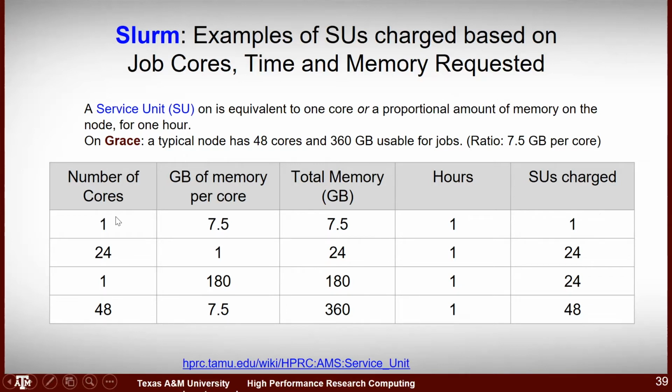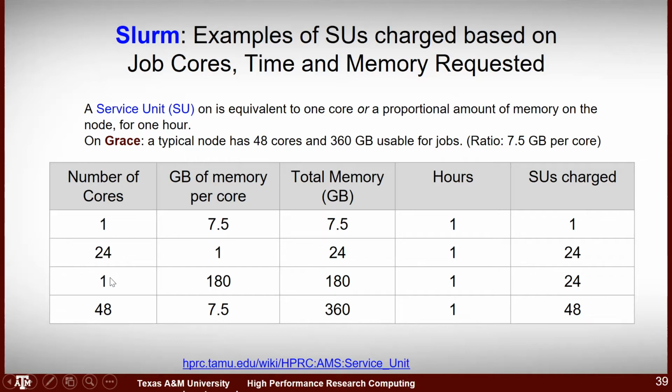Now, if you increase either of those, it's the greater one that determines the service units. So if you request 24 cores, but only 1 gigabyte of memory per core, so 24 gigabytes of memory, then it's the number of cores that is the greater fraction of the node. So that is the one that determines the service units used by that request. So this would be a 24 service unit request.